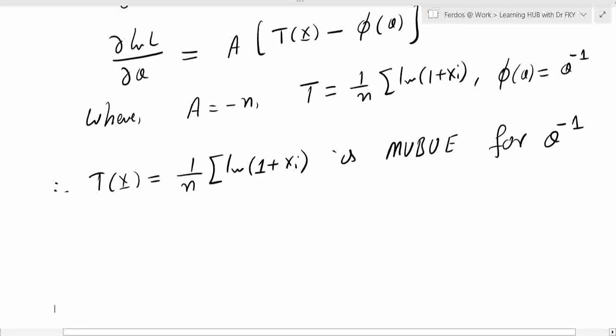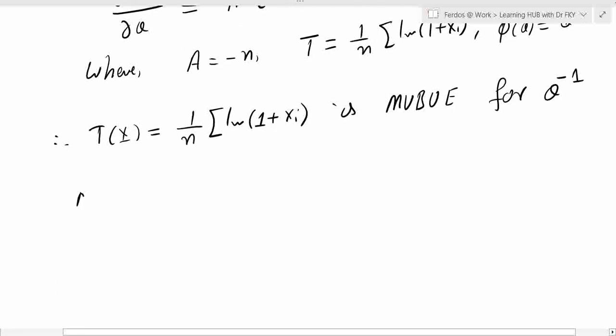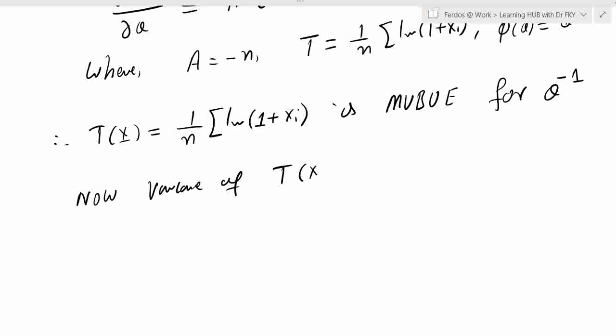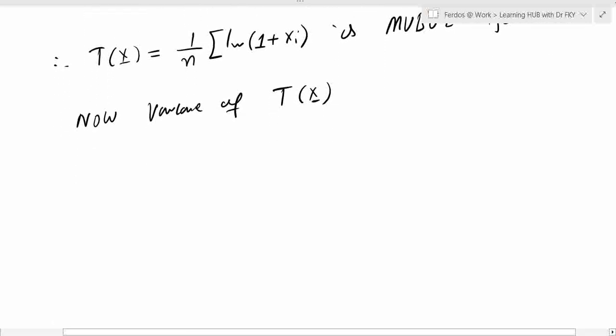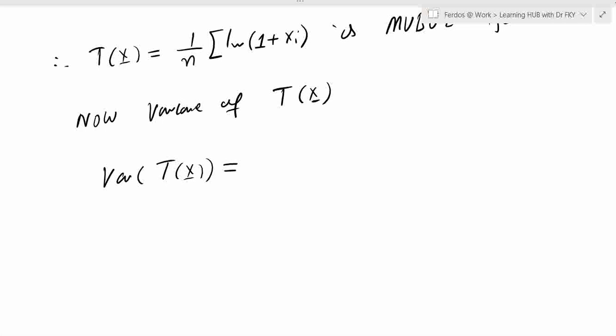We did this. Now the variance of t of x. You can calculate the variance very easily by using the variance of t of x equal to the square of the derivative of the function, divided by a.